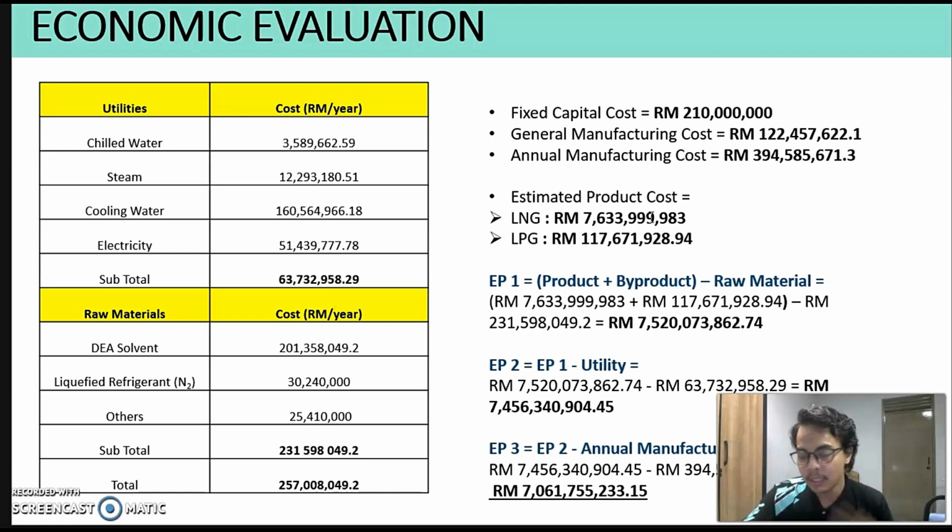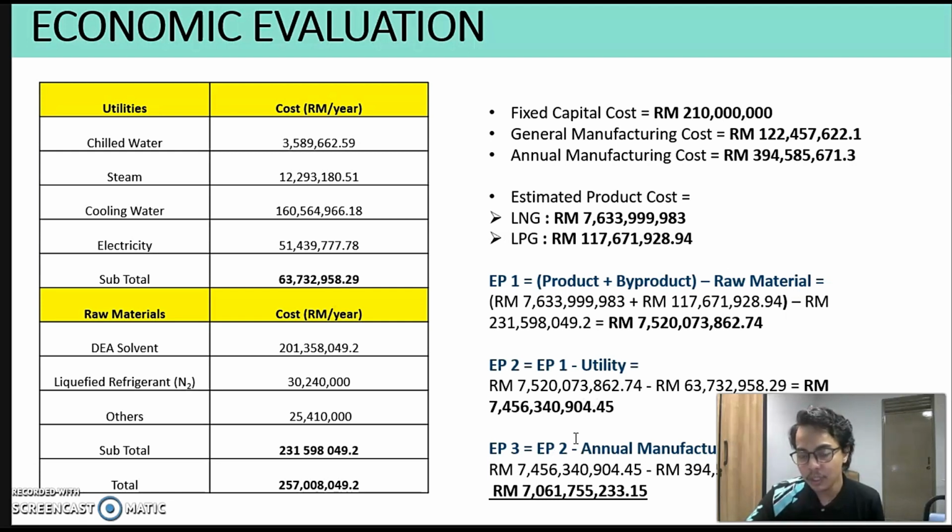From these values we can calculate EP1, EP2, and EP3, where EP1 has the formula of product plus byproduct minus raw material, and we have obtained EP1 of 7 billion 520 million ringgit per year. For EP2, with the formula of EP1 minus utility, we have obtained 7 billion 456 million ringgit Malaysia per year.